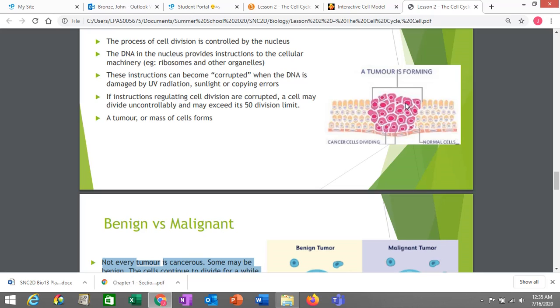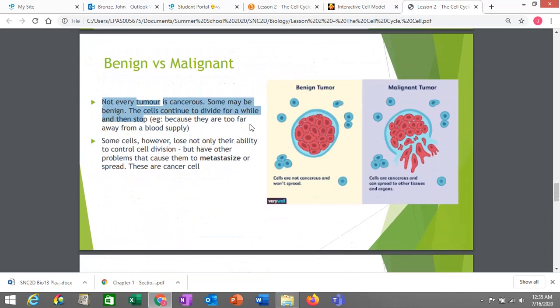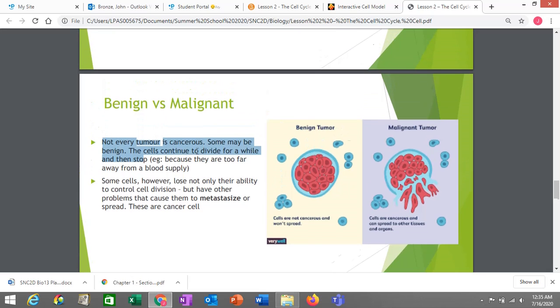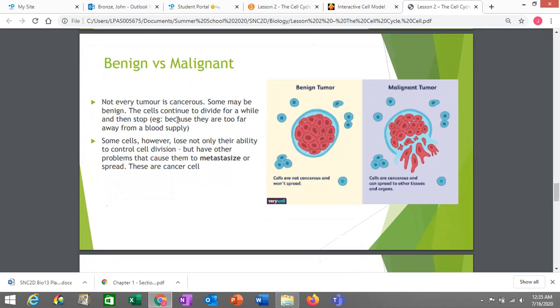And you can imagine we might need those when we're developing as embryos, right? If you're developing from a ball of cells into a baby, you're going to have to grow blood vessels to support those cells. And so some of the genes that actually control our development from an embryo up to a baby, some of those genes get corrupted when we have cancer happen. Now, I say genes. What I mean by genes is the sections of DNA that provide instructions.